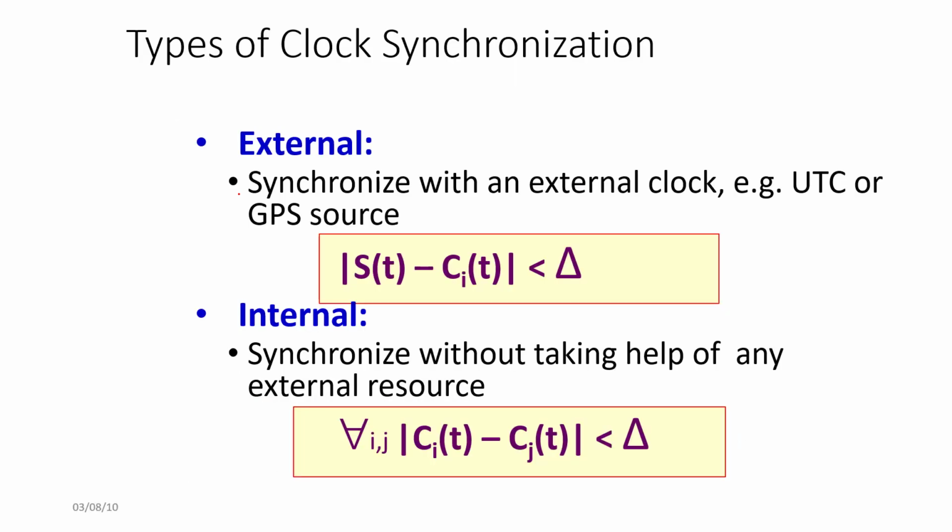The key idea is that if I were to synchronize externally, then let's say this is the UTC time source and this is the clock of the ith node, we would want the deviation to be bounded. If it is internal, there is no absolute truth, no external time base, so for all pairs of clocks, we would like the difference to be bounded, less than capital delta.